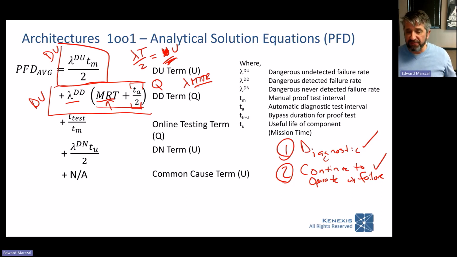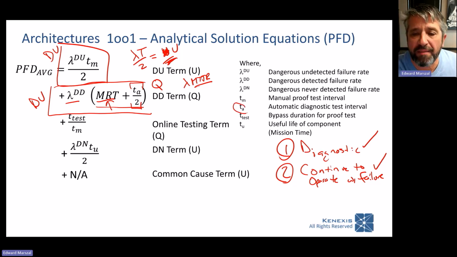So if you test a device once a week, then if the device is failed, on average, you will have been in the failed state for 3.5 days before you knew that that failure occurred. So automatic diagnostic test interval over 2.